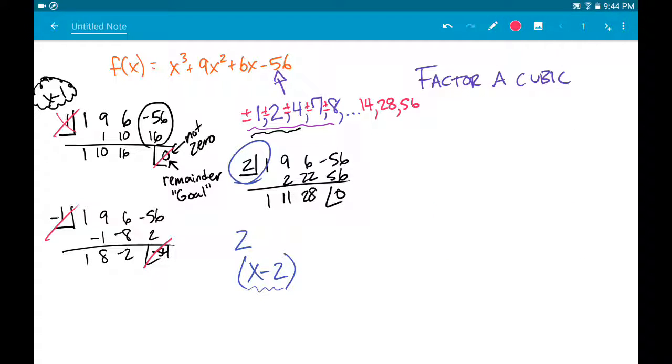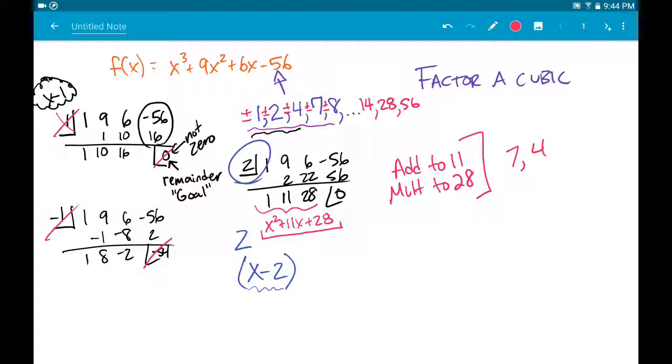The better part of this is we're actually almost done, because what we're left with here is x squared plus 11x plus 28. And we have a lot of techniques to factor quadratics, the two numbers that add to 11 and multiply to 28 are 7 and 4.